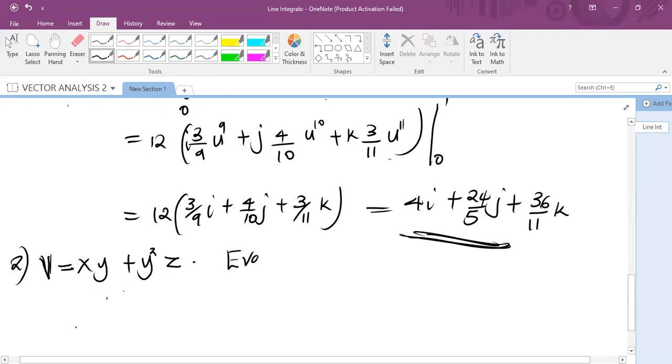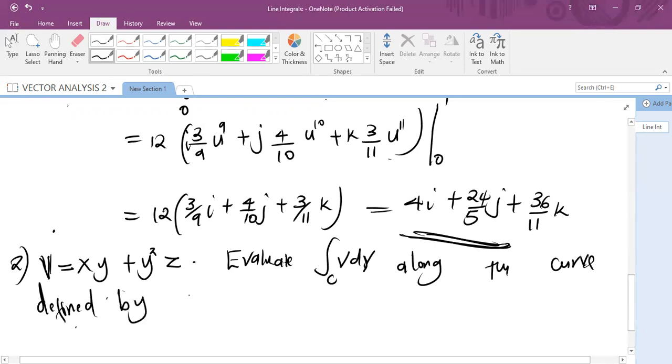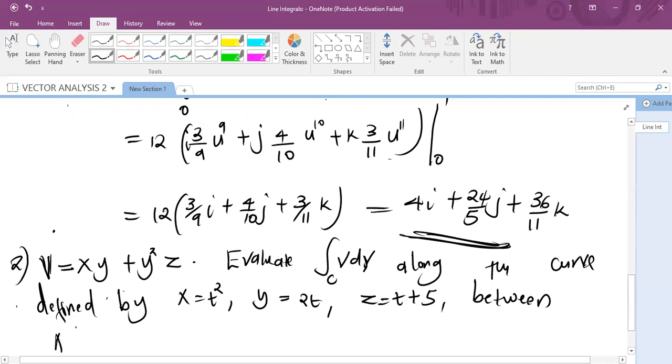And we are being told to evaluate the line integral of v along the curve defined by x is equal to t squared, y is equal to 2t, z is equal to t plus 5, between the points, point A which is 0, 0, 0, and point B which is 4, 4, 7.